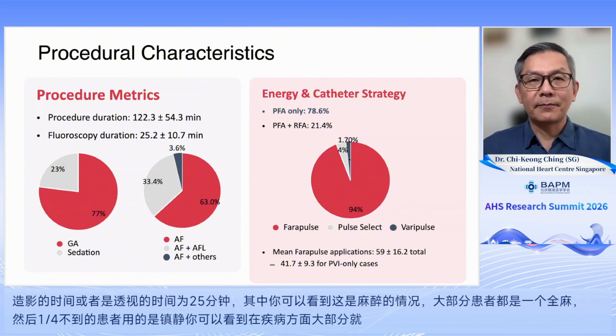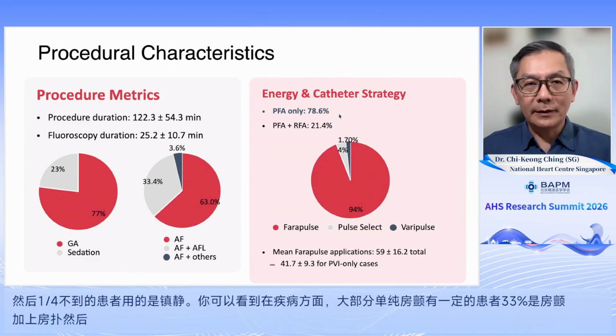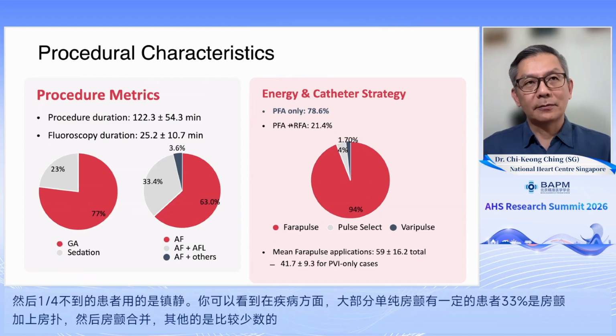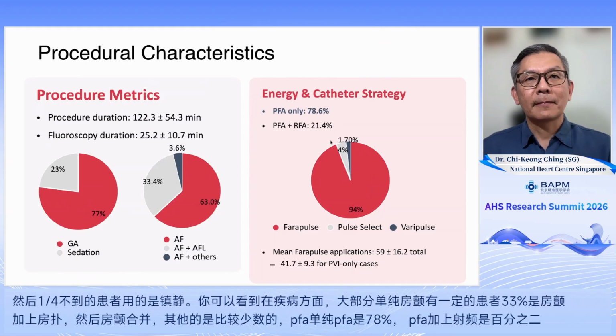If you look at the energy and catheter strategy, PFA was utilized only in 78% of patients. RF or radiofrequency catheter was used in addition to PFA in about 21% of patients.